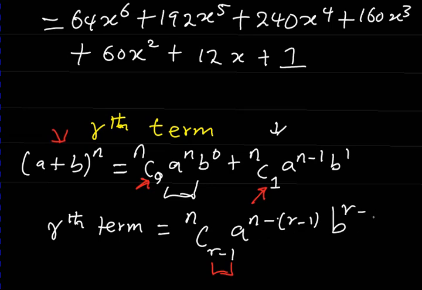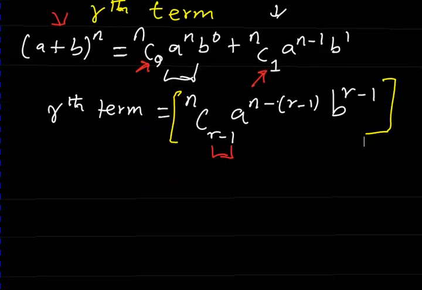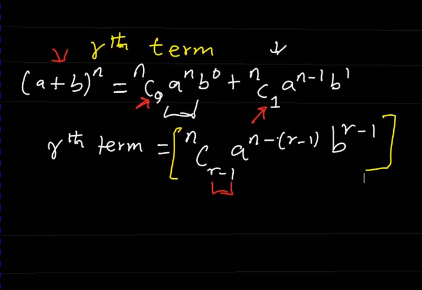So this is the general formula for finding a particular nth term or rth term of the expansion.